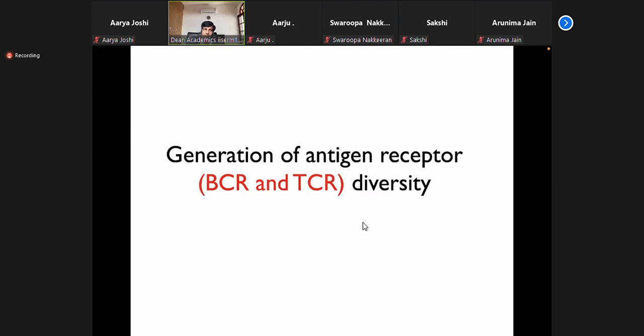But still, with this recombination event that is occurring both for BCR, B cell receptor, and T cell receptor, you can generate antibodies or T cell receptors which can recognize an almost unheard-of number of antigen specificities. This process is called generation of antigen receptor diversity.